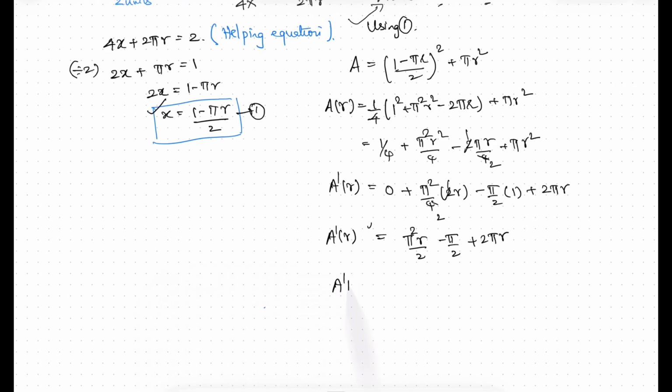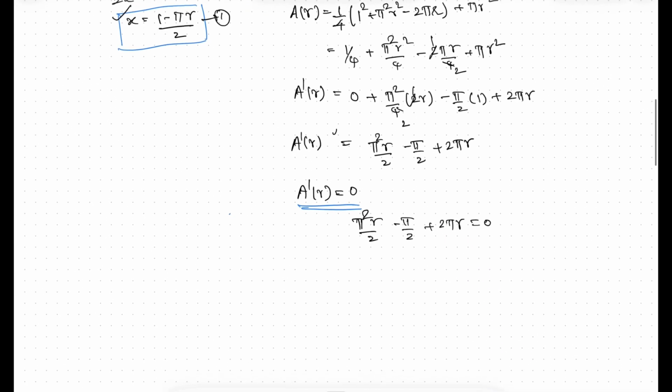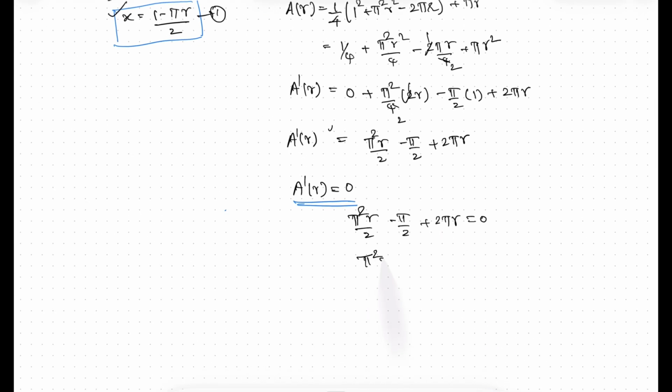We are going to find the stationary points, and to find them I substitute A dash of r equals 0. So pi squared r by 2 minus pi by 2 plus 2 pi r is 0. So pi squared r by 2 plus 2 pi r equals pi by 2. I can cancel out the pi's and take r outside, which gives me r times (pi by 2 plus 2) is equal to 1 by 2.